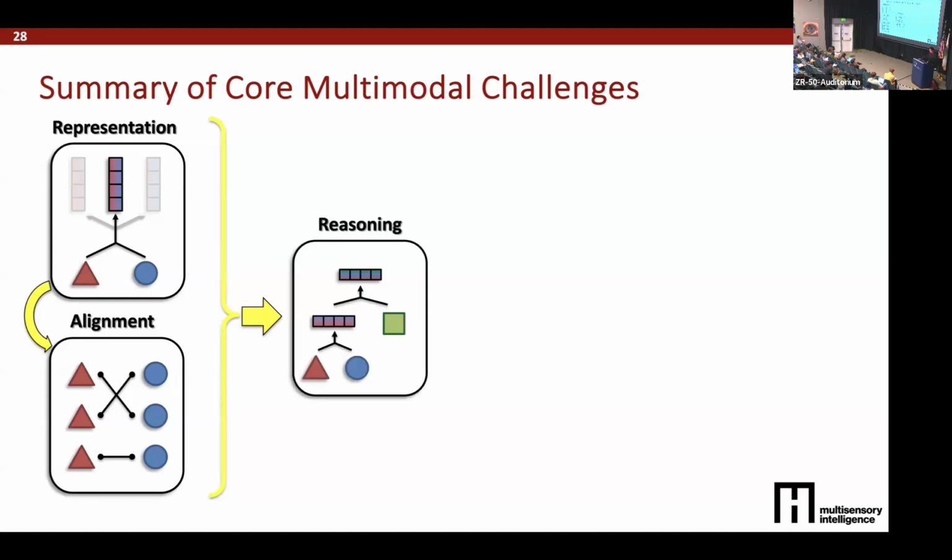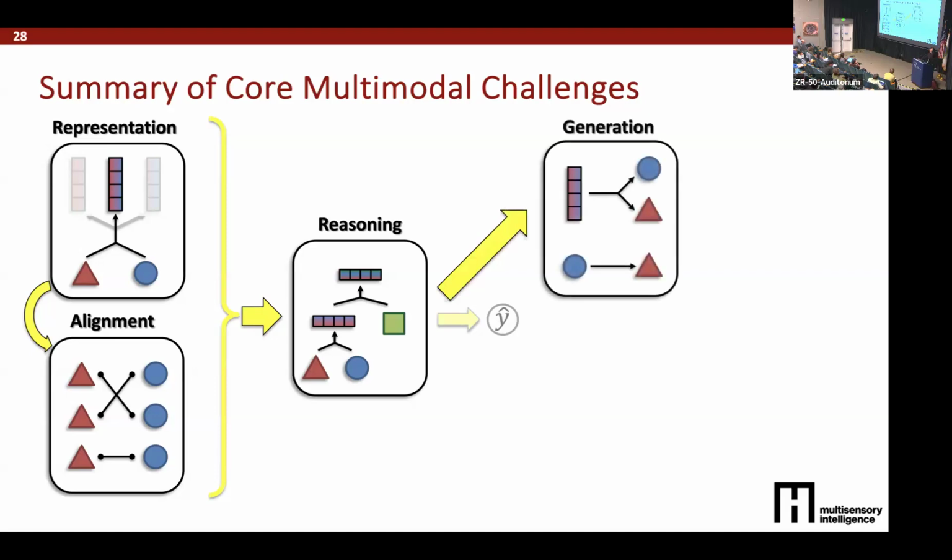After that, typically you have to deal with how the model reasons, how the model combines information from what you've extracted from the representations and aligned with other data modalities. And again, this reasoning process can be using fully black box neural networks, but nowadays it's also a big opportunity of making this reasoning process more transparent using language. That's used to make a prediction, but beyond making a prediction, there's also settings where you're trying to generate more data, either by translating from one to the other, summarizing, or even creating more data.